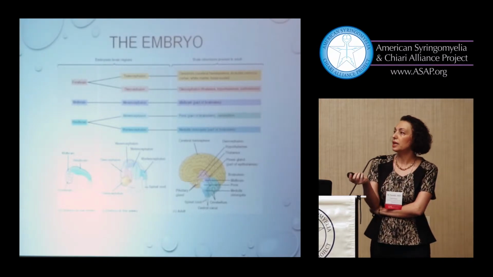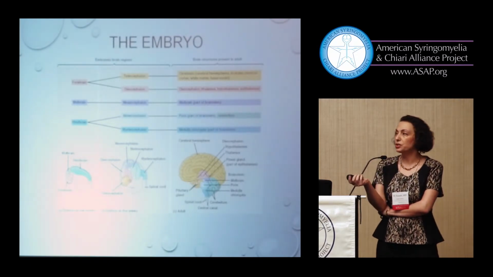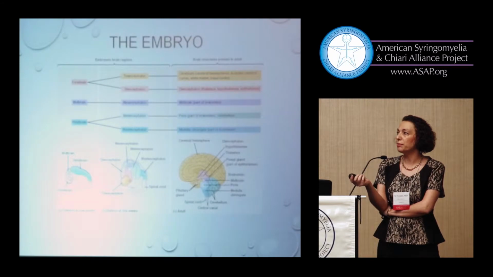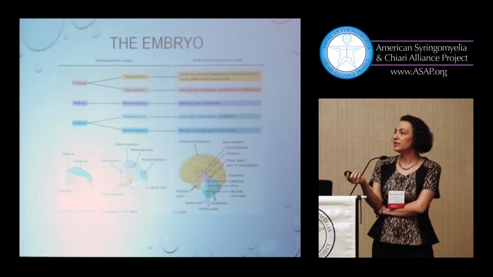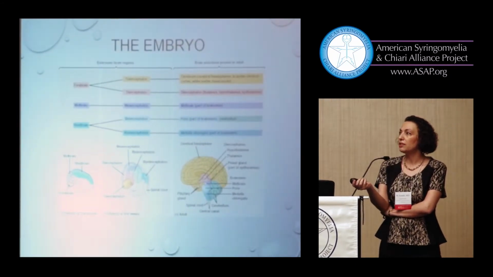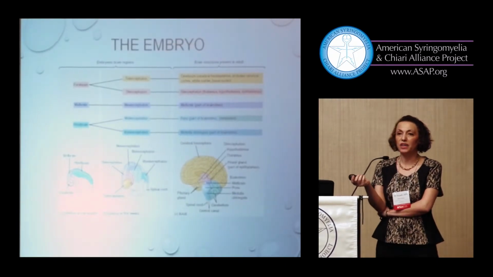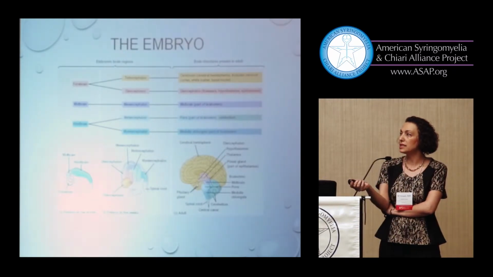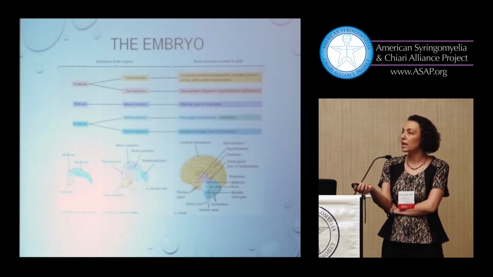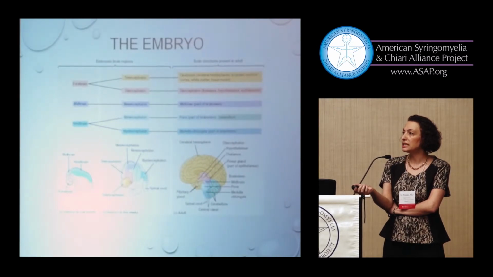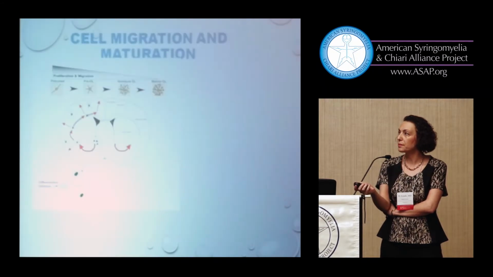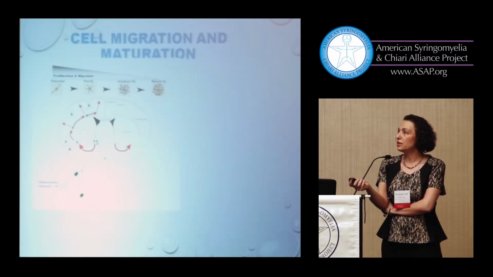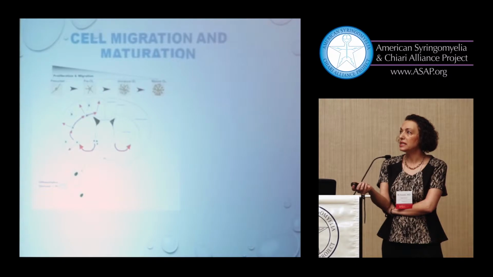Now, to illustrate this a little bit better, I'm going to show you this picture of a developing embryo. The entire nervous system is basically made from a tiny tube on the back of the embryo. And this tube folds upon itself several times and ultimately produces the hemispheres, the brainstem structures, cerebellum, and down below, the spinal cord. Now, in the center of this tube, we have the stem cells.